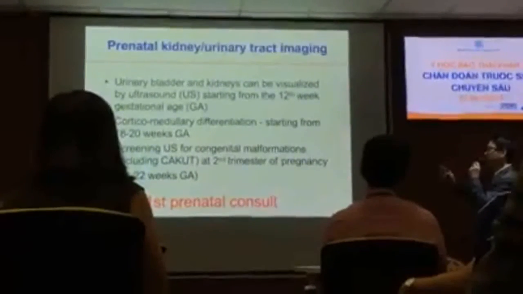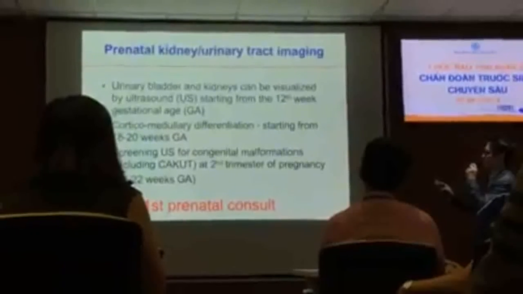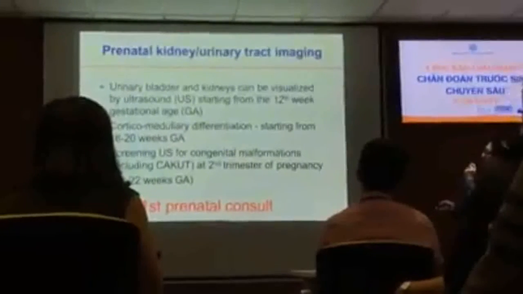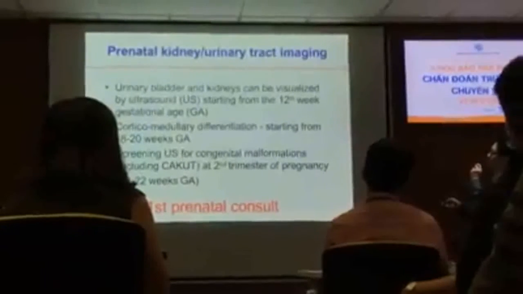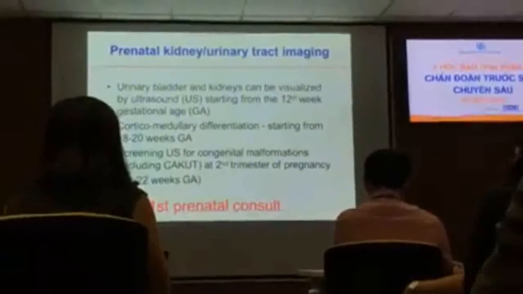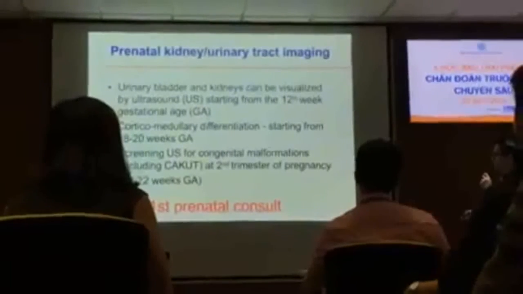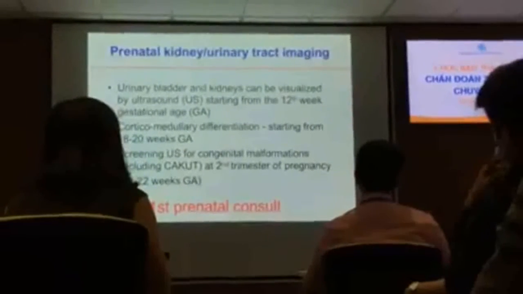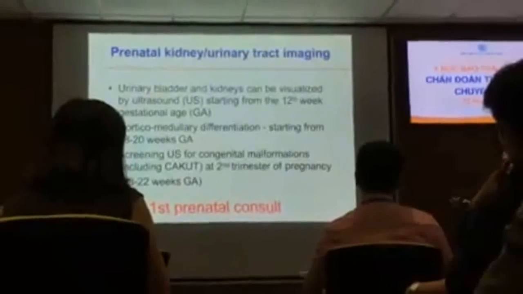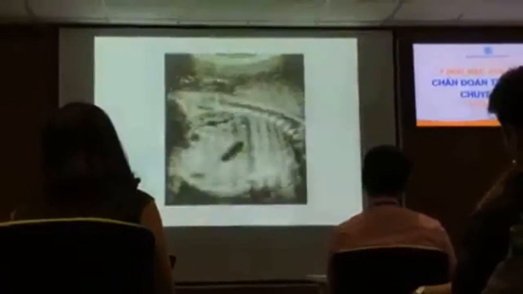If we want to see more details of the kidney, we usually arrange an anatomical scan at 22 weeks, right? Then you can see the kidney and urinary tract differentiation very clearly. Screening ultrasound for congenital malformation in the second trimester is usually around 20 weeks, so you can do the first anatomical scan for all the organs of the fetus.